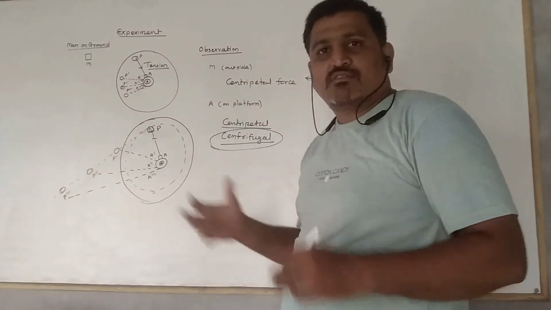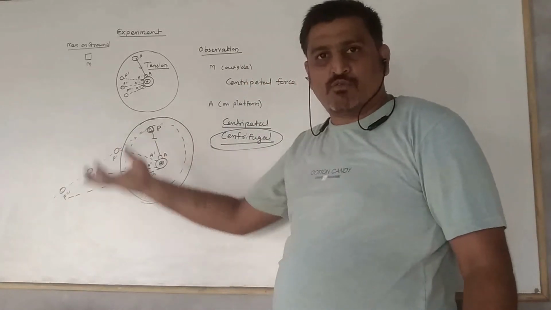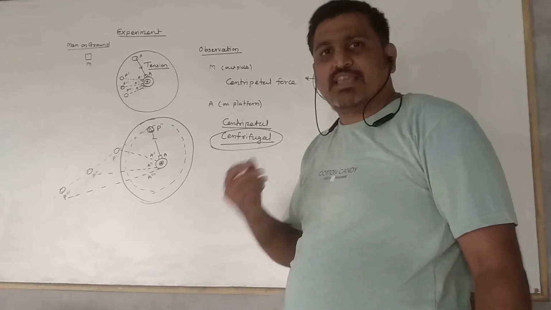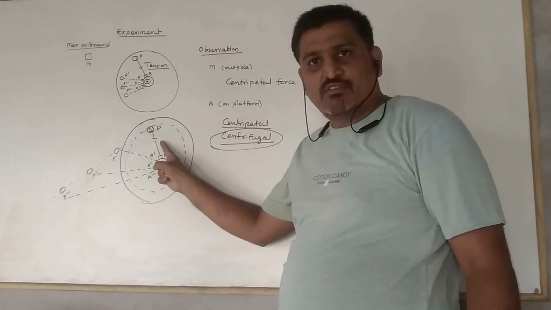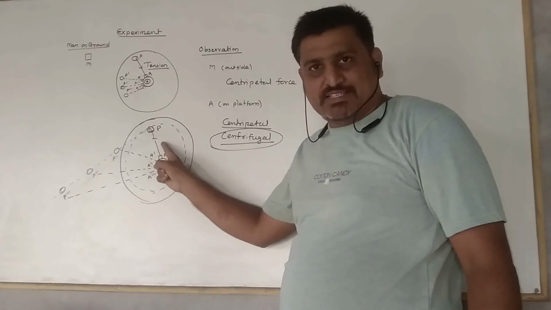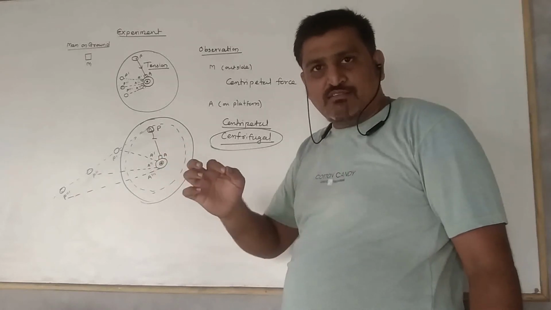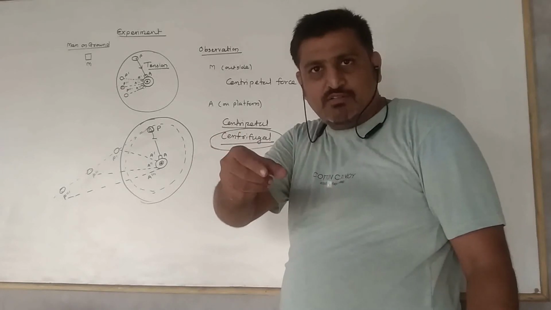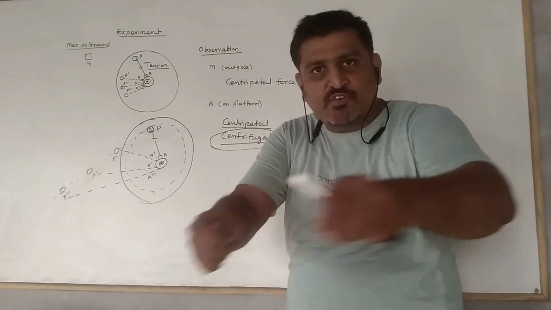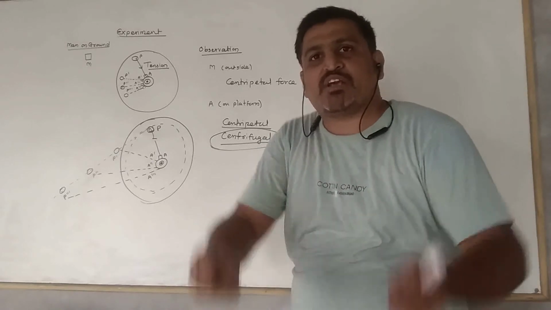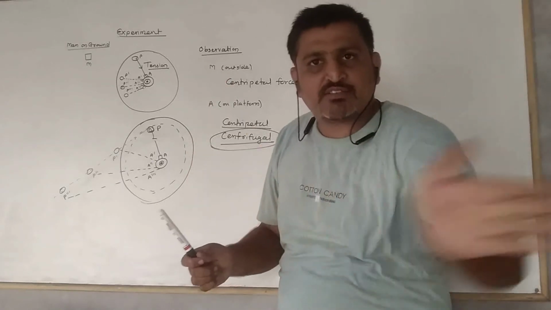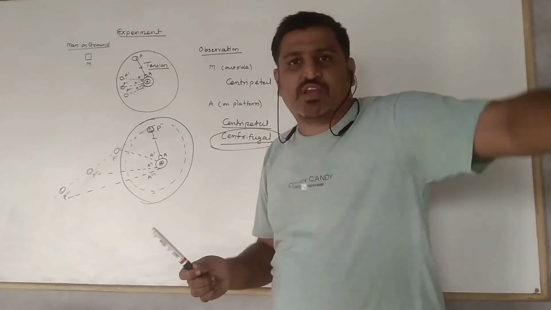Now when this merry-go-round is rotating, say the string breaks over here. As this string breaks, we know that if you keep a pebble in a ring, and move it, and as you just pick up the ring, you find that the pebble goes in a straight line.